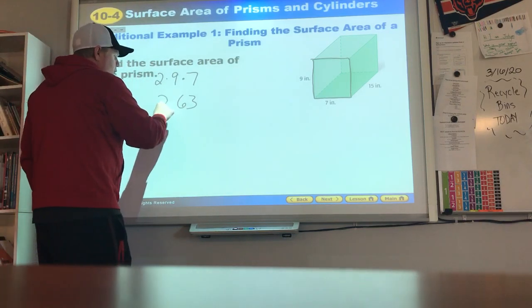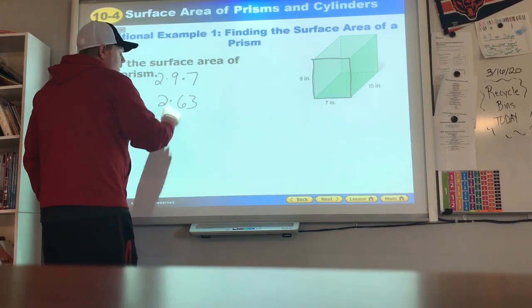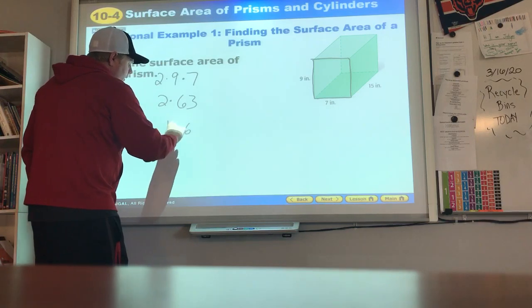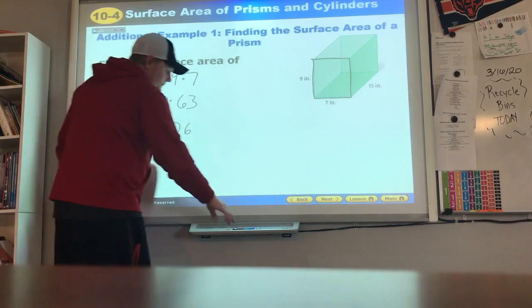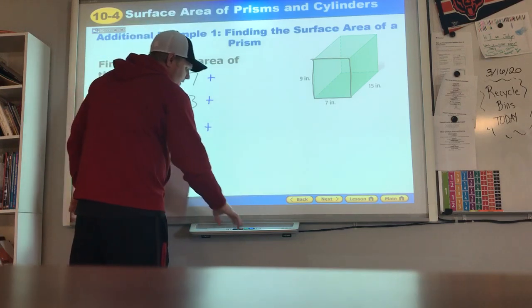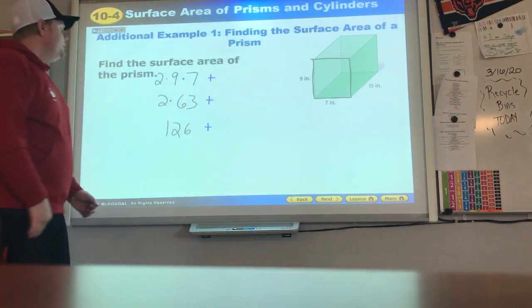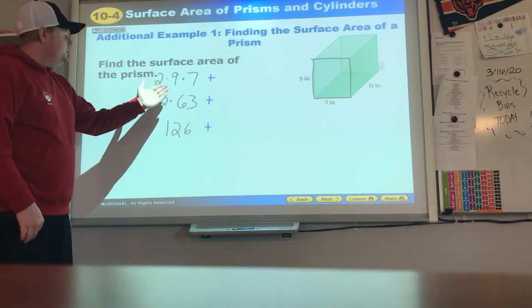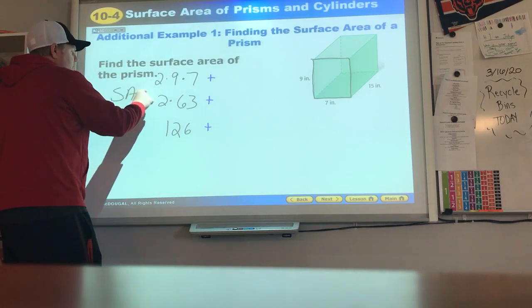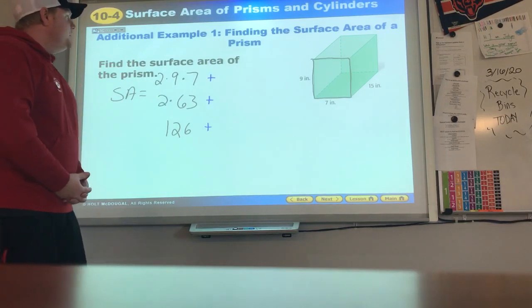So we would have 2 times 63, and that would be 126. That's all good, that's all dandy, and that's usually the easy part. We have two bases, so we take 2 times that. And we're working on finding the surface area in all these situations.